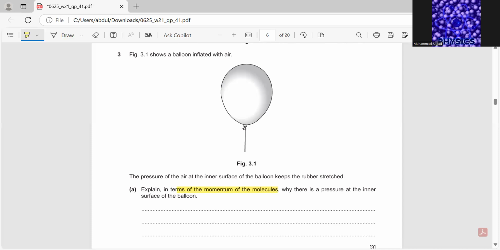So the velocity is changed, being a vector quantity. And rate of change of velocity is equal to force. Sorry, it means momentum is changed. And rate of change of momentum is equal to force. And pressure is equal to force per unit area. So I'm writing this all in front of you right now.